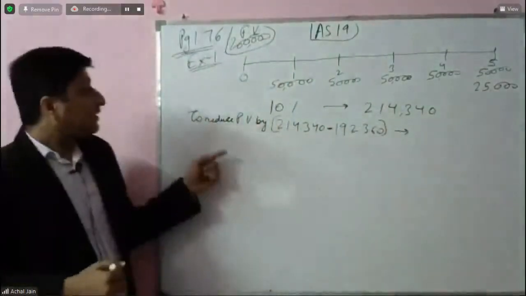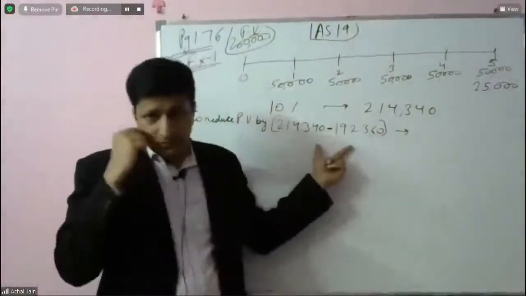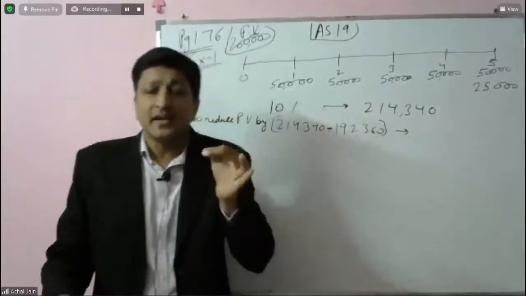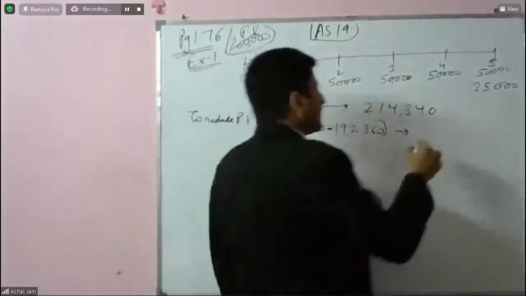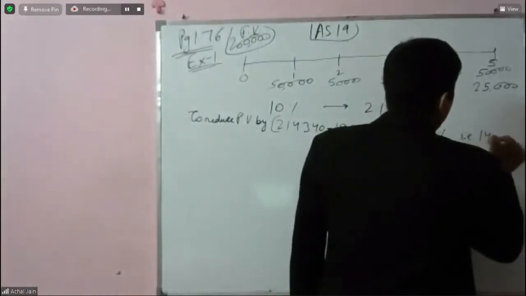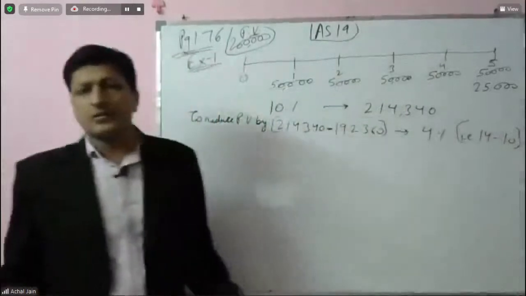So I'm saying to reduce my PV by this much amount. What was the reduction in the discount rate that I took? 4%. That is 14 minus 10. Is that correct or not?